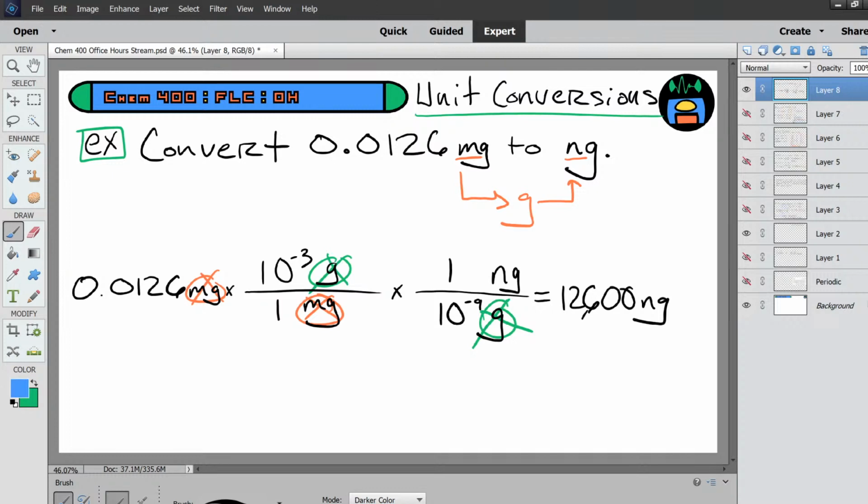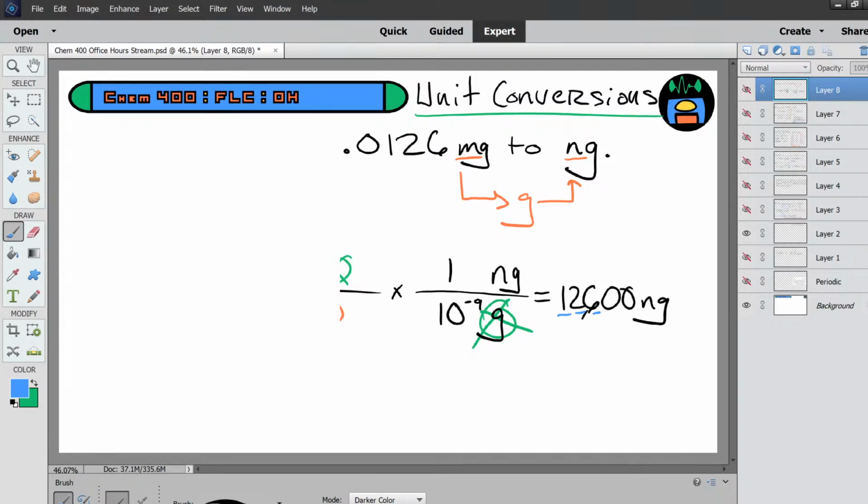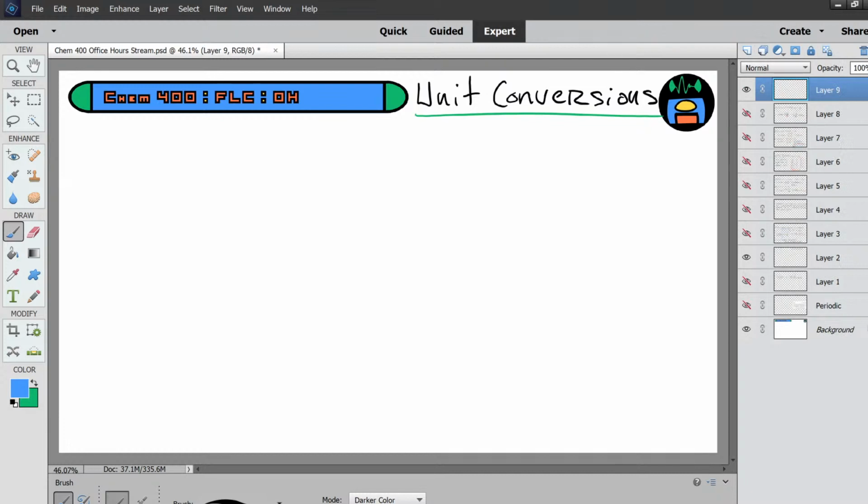You'll notice you start with 3 sig figs, so you got to end with 3 sig figs because we're within the same measuring system. We're going metric to metric. All right. So those are unit conversions in a nutshell. We will be doing them over and over and over this semester.